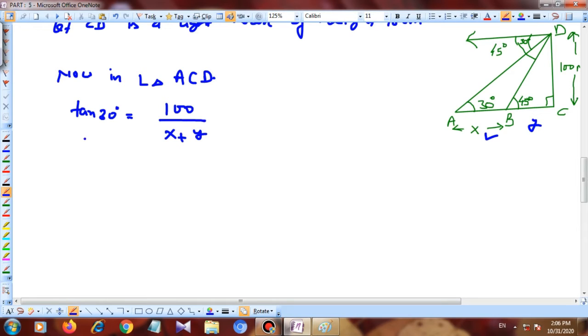The value of tan 30 is 1 upon root 3, so this will become 100 upon x plus y. When you cross multiply, then you will get x plus y equals 100 root 3.